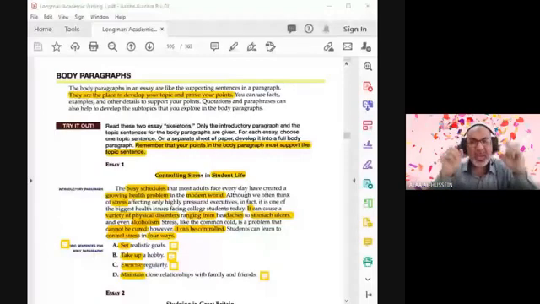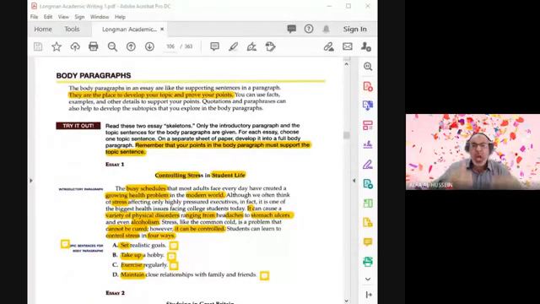That's why we mentioned that many students commit this type of mistake. They write everything they know in the introductory paragraph, and they consume all their ideas in the introductory paragraph before starting the body paragraphs.